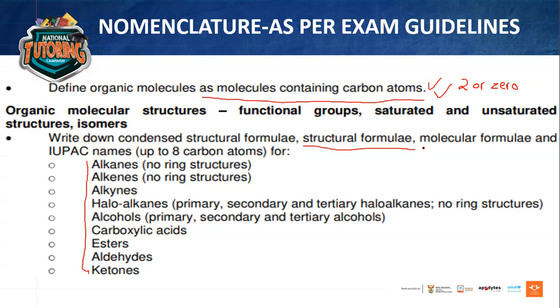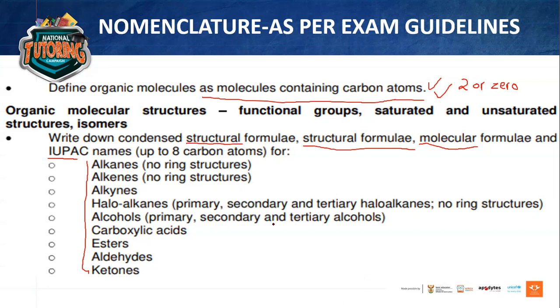We must be able to write a molecular formulae. Also, we must be able to draw a structural formulae for any molecule in this homologous series. And remember, we must also be able to give IUPAC names. And you know, here we have a system of naming. We have rules that we apply when we want to give names.